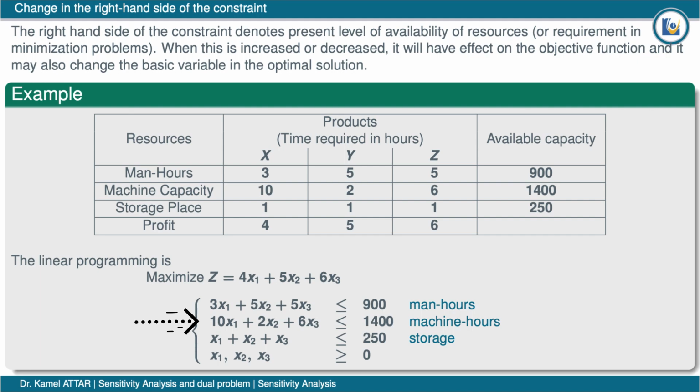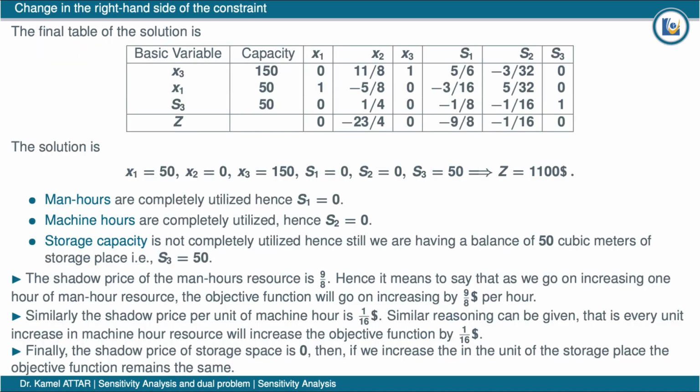The second constraint means the total processing time of machine hours should not exceed 1400 hours. The third constraint means the maximum storage in cubic meters of the products X, Y, and Z should not exceed 250 cubic meters. We can find the optimal solution by using the simplex method.